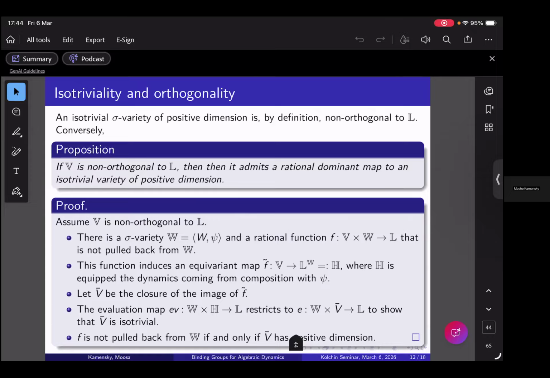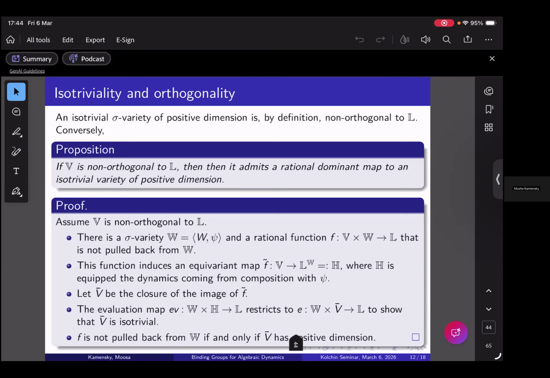Another reason is, if you look at these conditions, we have basically two options: either our sigma variety is non-orthogonal to L, and then we can project it to something which is isotrivial, so maybe the isotrivial case is interesting.